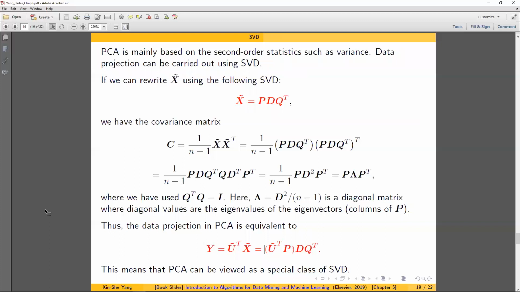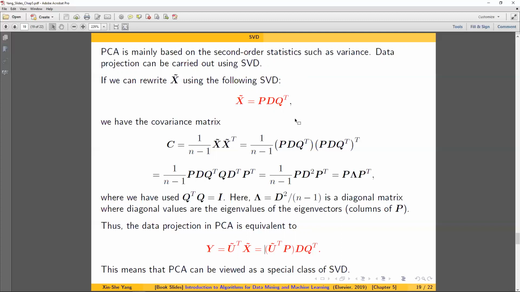PCA is based on second order statistics such as variance. Data projection can be carried out using SVD. If we rewrite x tilde using the following SVD, x tilde is P times D times Q transpose. Our original covariance matrix, remember, is C equal to 1 over n minus 1 times x tilde times x tilde transpose.